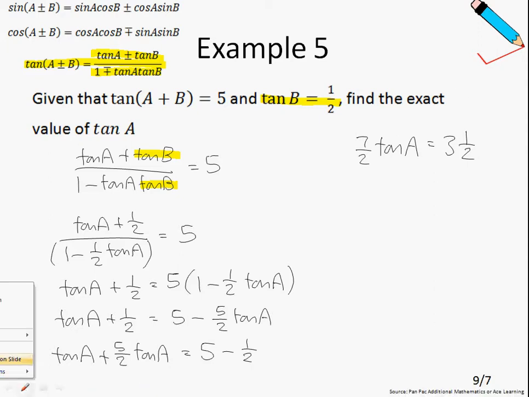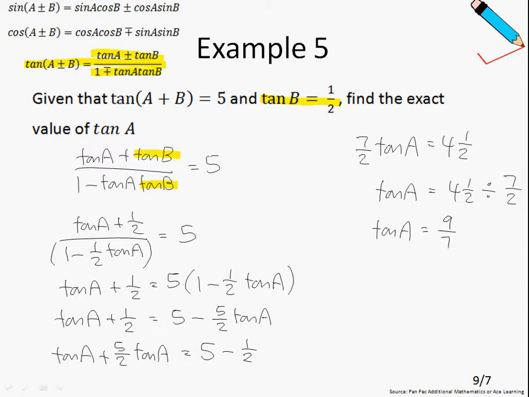Sorry, this should be 4.5. So let me just switch this around. 4.5, and then dividing both sides by 7 over 2, okay, I'll just get tangent A equals 9 over 7.